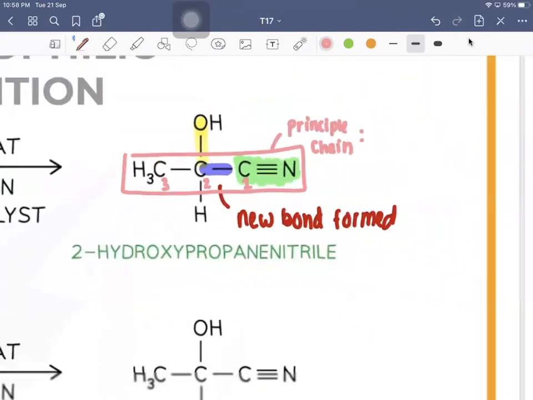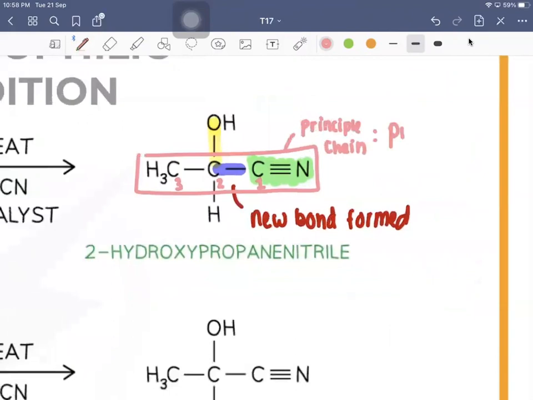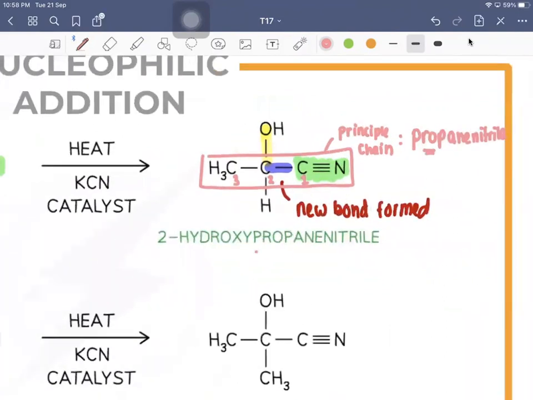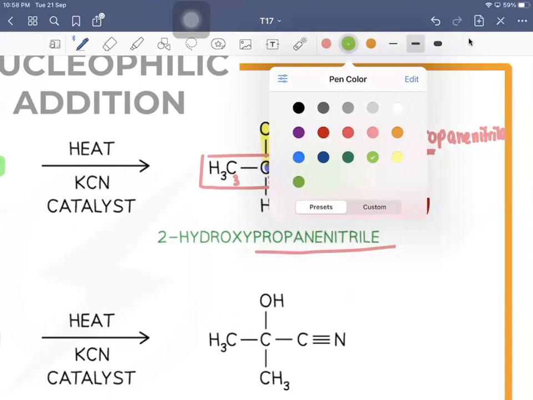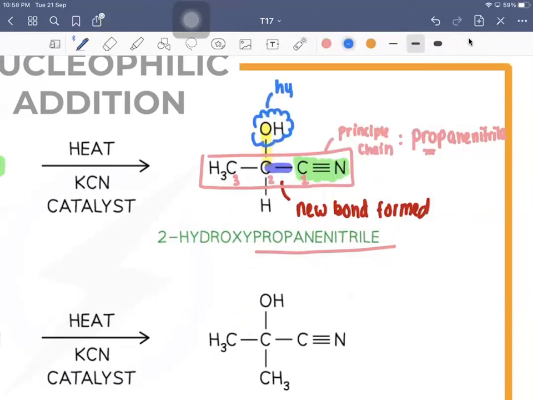So we call that a propane nitrile. Next, we want to identify the side chain, which is your hydroxy group.